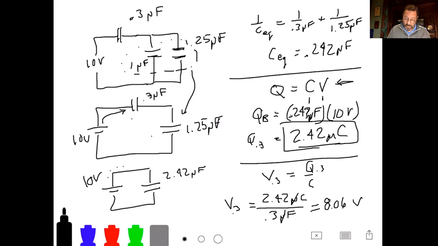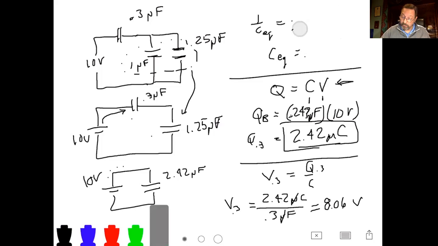Okay, great. I have to erase here now to continue on. So I'm going to erase this stuff up at the top here, the equivalent capacitance. But I want to use the same idea here to figure out what the potential is across the 1.25 microfarad capacitor, which I admit doesn't really exist. It's something that I did in my head to combine those 1 microfarad and 0.25 microfarad capacitors.